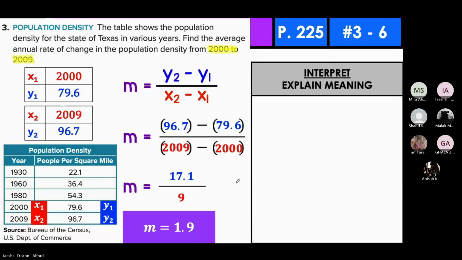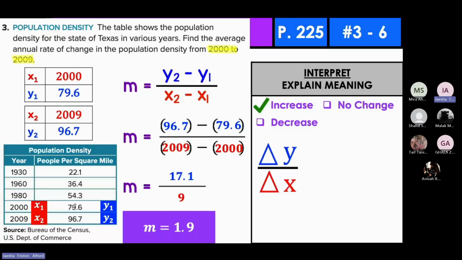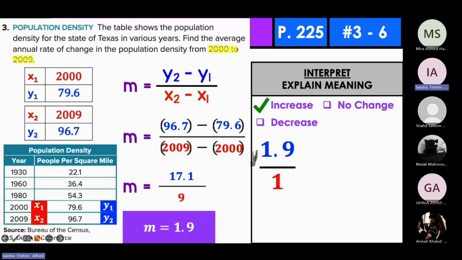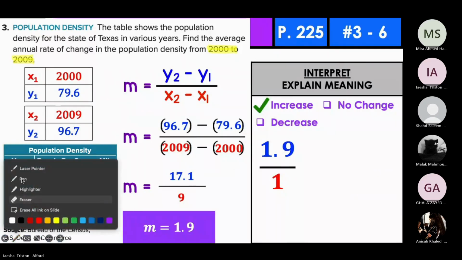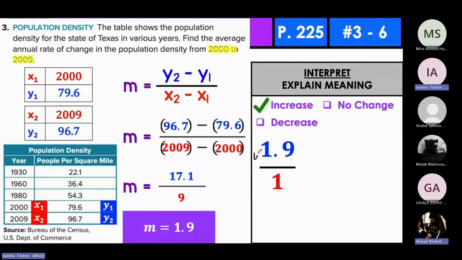Part 3, you have to explain the meaning. So, is it increase, decrease, or no change? Increase. Increase, how do you know? Because it's positive. Good. Then, we want the change in y over the change in x. 1.9 over 1. Remember, the top number is about the y, and the bottom number is about the x. So what is the word for y?